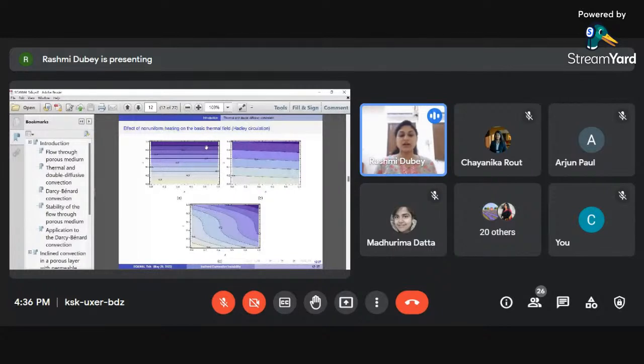Then at the starting phase, the thermal field looks somehow like this. And if we keep on increasing the value of eta, then the thermal field starts behaving something like this.